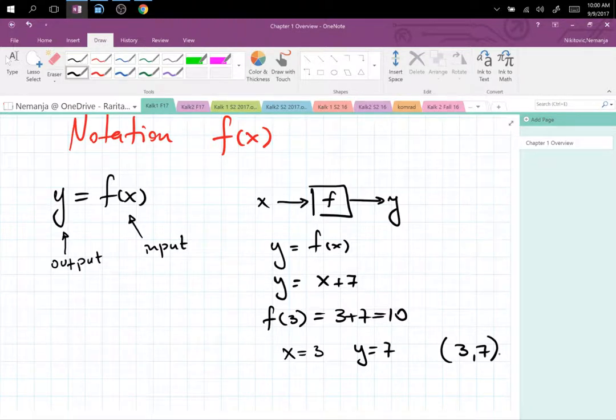Observe that by plugging 3 into this formula, the only thing that you can get is 10. There's no way to get anything else. You plug in 3, you get 10. You plug in -2, you get 5. That's the uniqueness part. Unique answer.